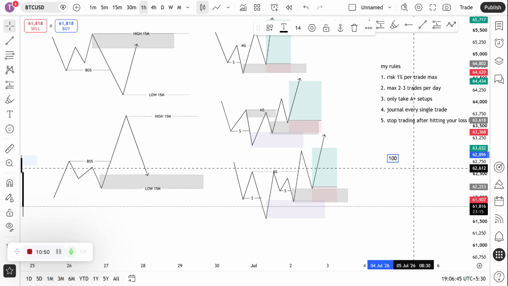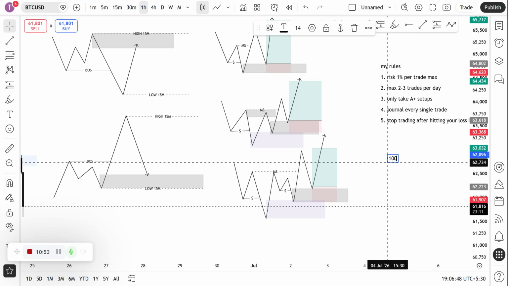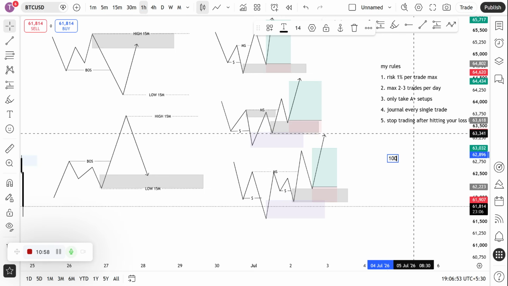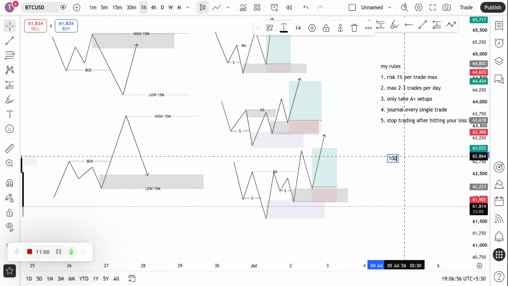Because let's say I always take 3 trades a day. Let's say that day I took 3 trades, and the first trade I win $3. Second trade I win $3. Third trade I lose $1. Out of 3 trades, I was supposed to win 3 trades, so which means it's 3, 6, 9. I was supposed to win $9, but I lost 1 trade, so I win $6 and lose $1. You see, that's how I protect my capital.